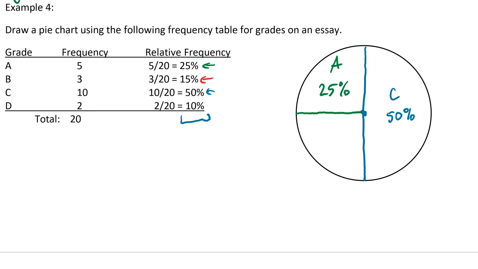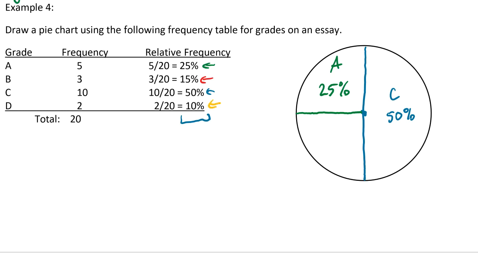All right, next up we have B, just 15%. Now cutting this last piece into 10% and 15%, you don't need to get out a protractor and start measuring angles or anything like that. Technically, you could get very precise with the degrees, but for our purposes, all you really need to do is notice that 15 is bigger than the 10.